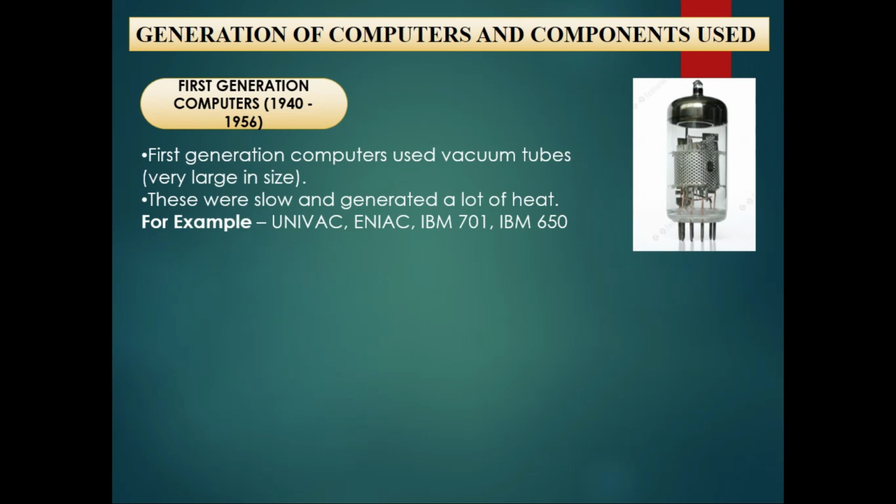In the first generation computer, it was very large in size and was not portable, and it has a major drawback that this was very slow in the performance and generate a lot of heat. Some of the examples of first generation computers are UNIVAC, ENIAC, IBM 701 and IBM 650.